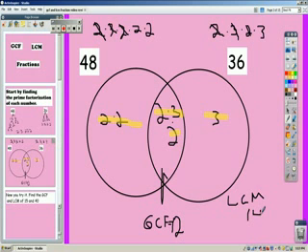No, you did not. You multiplied their greatest common factor together, and their leftovers. This gives you the lowest common multiple. If you just multiplied the two numbers together, yes, you would get a common multiple, but not their lowest common multiple.